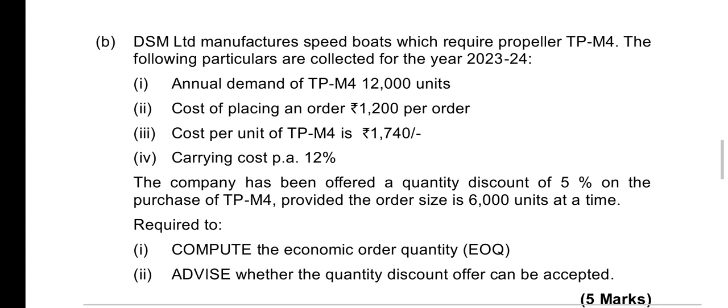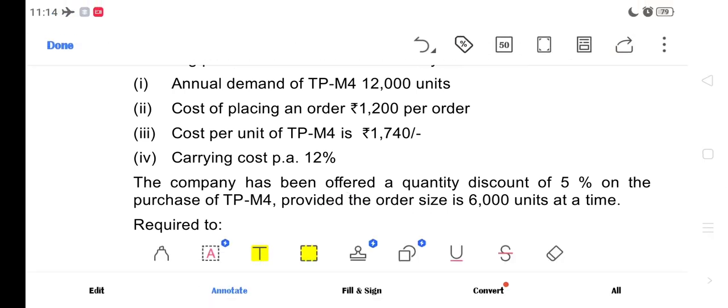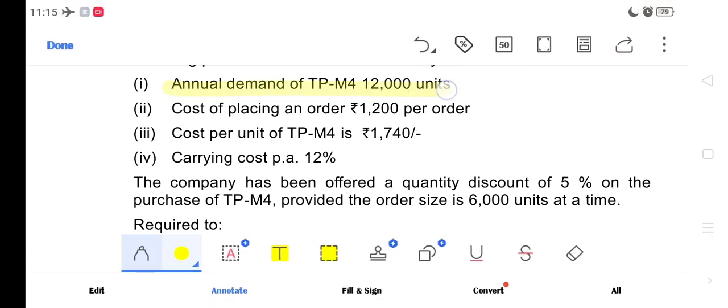So they have given the annual demand and what they are costing, order cost, holding cost and all. They have given the information. See, annual demand of TPM4, a material required for the manufacture of speedboats: 12,000 units annually, and cost of placing an order 1,200 per order.